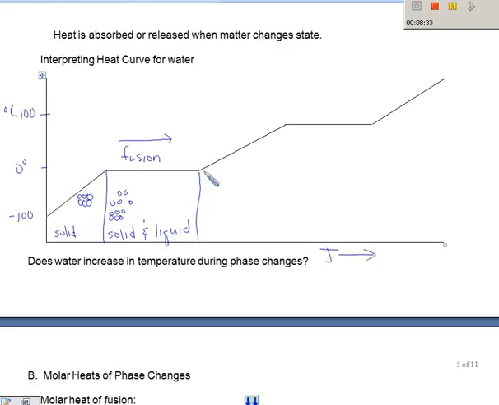And now the water will actually start to warm up. And it will continue to warm up. The water will get hotter and hotter until we reach 100 degrees Celsius. So let's draw another line straight down here. So all through this region, we have pure liquid.